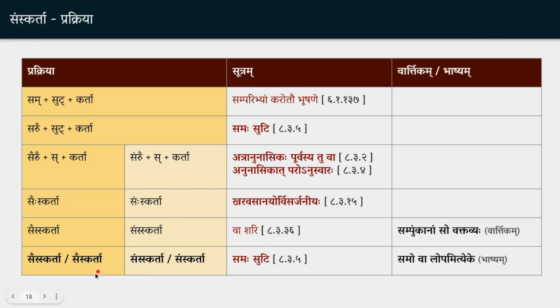We apply all the rules, and there are a lot of optional sutrams. If you apply each optional sutram, the count doubles. For example, because of this sutram 1 becomes 2, and because of this last optional sutram 2 becomes 4. There are a few other optional sutrams. If you keep applying them, 4 becomes 8, and so on. Finally it goes to more than 100 forms for this particular Samskrita word itself.